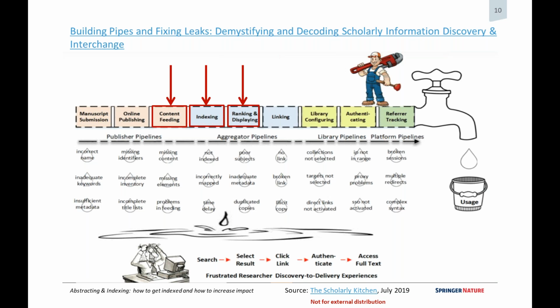Once the content is selected by the ANI services, we have to ensure that it is seamlessly delivered to those databases that have selected our content. And of course, there are so many nuances to the indexing process. So the ANI team is also actively involved in making sure that the appropriate indexing is done. And this is an ongoing thing.